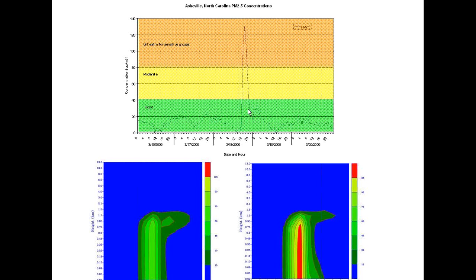This is an example from a prescribed burn on the border of Tennessee and North Carolina. The top one is the PM concentration at the ashore, where the peak amount is about 130 micrograms per cubic meter. Then we run the model with two different settings of core number, one a single core, the other 10 cores.